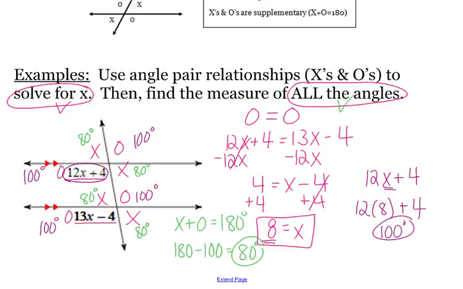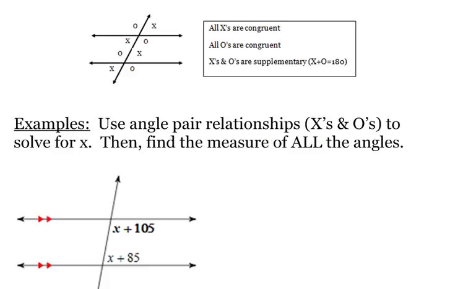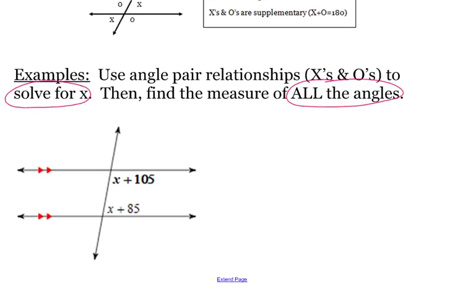Let's do another example. Use our angle pair relationships, our X's and O's to solve for x and find all the missing angle measures. Make sure we answer both parts of the question. And let's start by labeling our X's and O's. Now what do I have in this case?